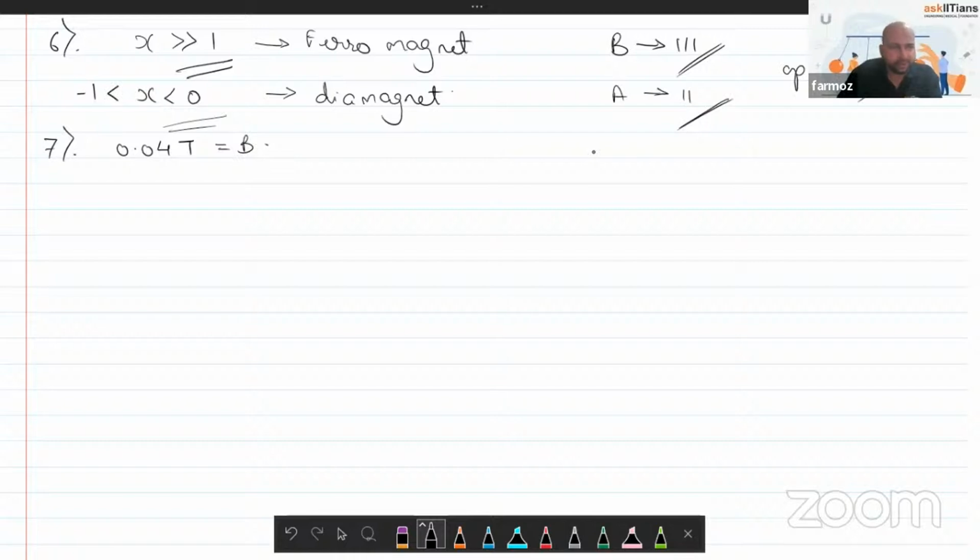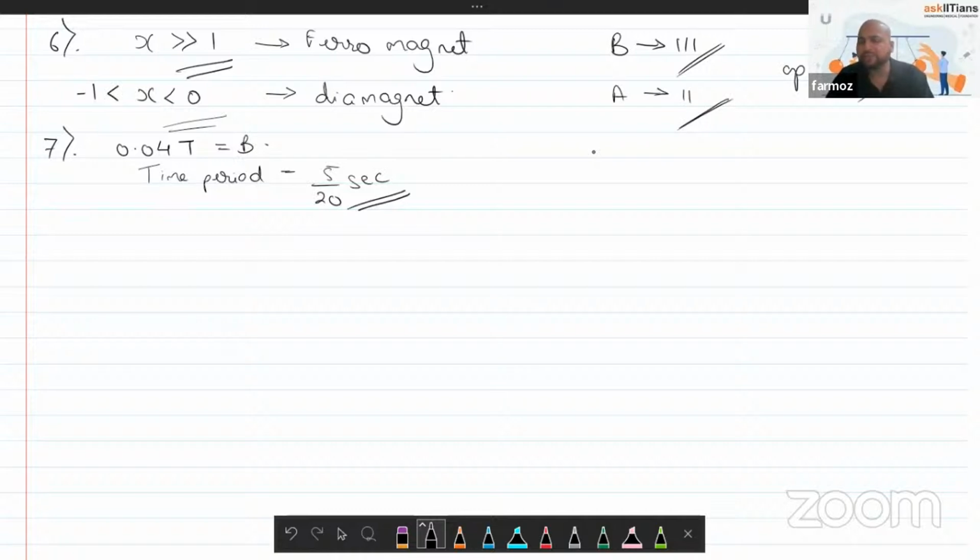So if I'm talking about the time period, the time period is nothing but the time taken for one oscillation. So in 5 seconds it performs 20 oscillations. So 5 by 20 will be your time period. That is the time for one oscillation, total time upon total number of oscillations.